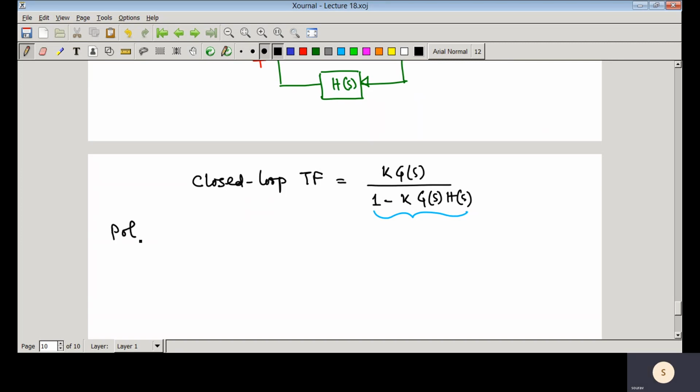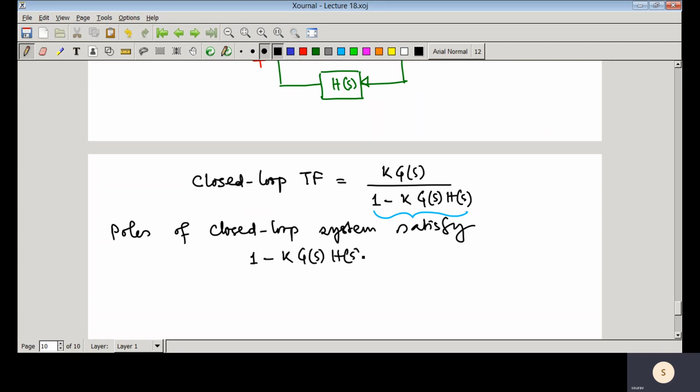So if we write this characteristic equation, 1 minus K G of s H of s would be equal to 0. From here we get K G of s H of s equal to 1.